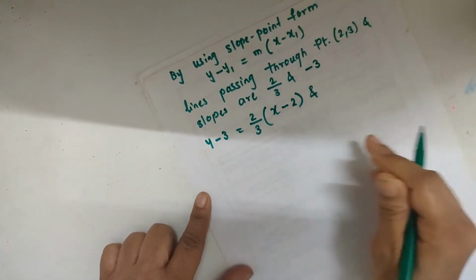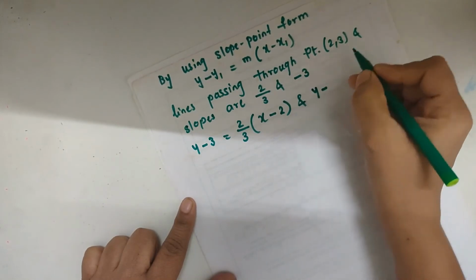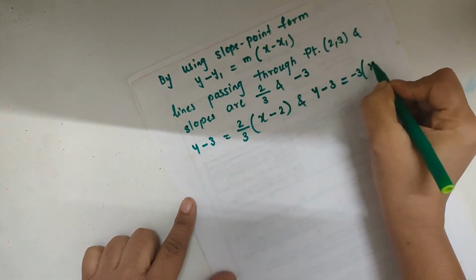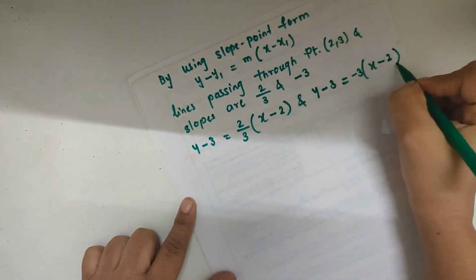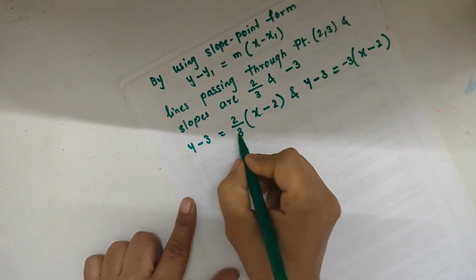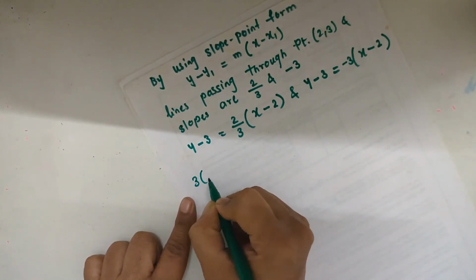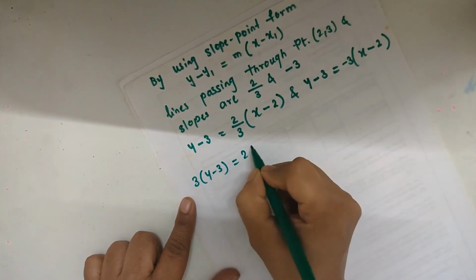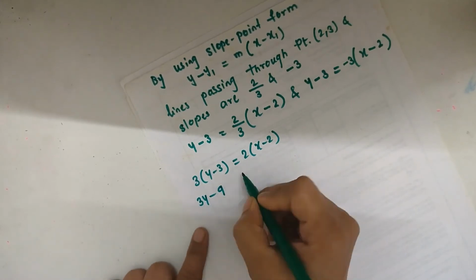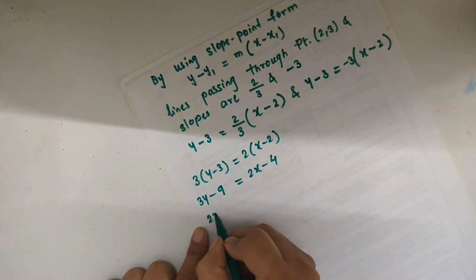And the equation of second line is y minus 3 is equal to slope of second line, minus 3, into x minus x coordinate 2. So by simplifying these two equations, cross multiplying, we get 3 into y minus 3 is equal to 2 into x minus 2. So 3y minus 9 is equal to 2x minus 4.